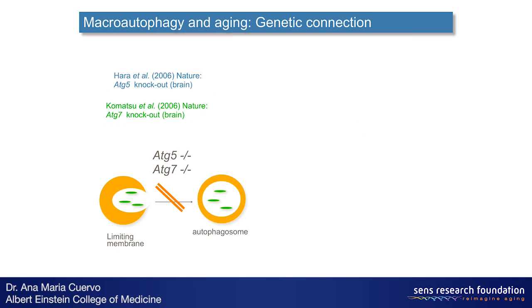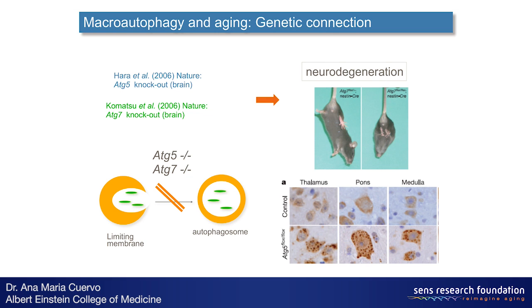Finally, in mammals, one of the most convincing pieces of evidence of a connection between autophagy and aging came from the studies in different types of knockout animals for different autophagy genes. For example, I'm illustrating here the knockout of two different essential genes, specifically in neurons, and show how it is enough to reproduce a full display of neurodegeneration in these animals.